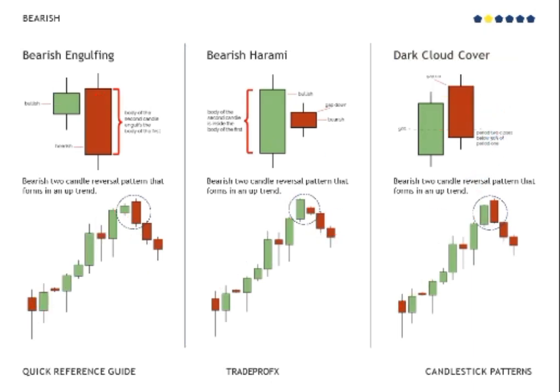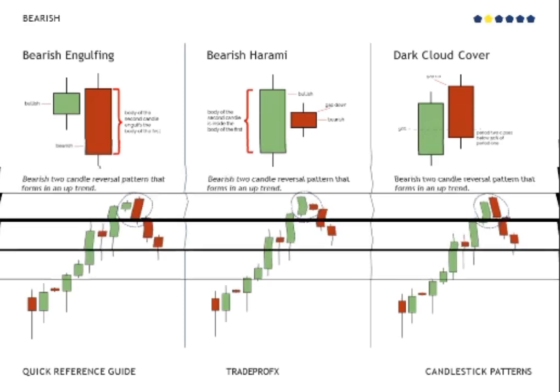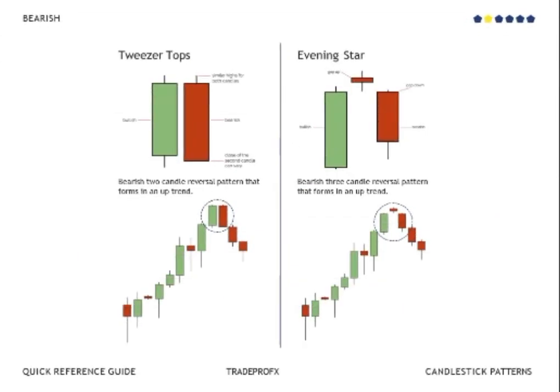So guys, let's proceed to the next pattern, which is the tweezer tops. The tweezer tops occur when two candles have nearly identical highs. Like here you can see these are identical highs, indicating a rejection of higher prices.